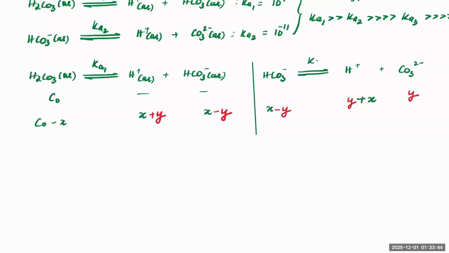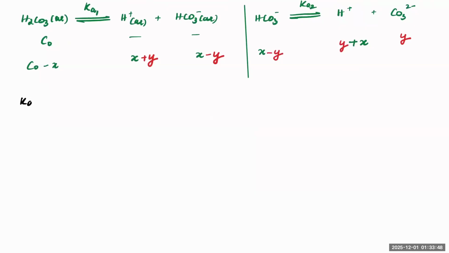This is for Ka2. Now, if I use these two equations, I can say Ka1 is equal to H plus concentration into HCO3 minus concentration, divided by H2CO3.